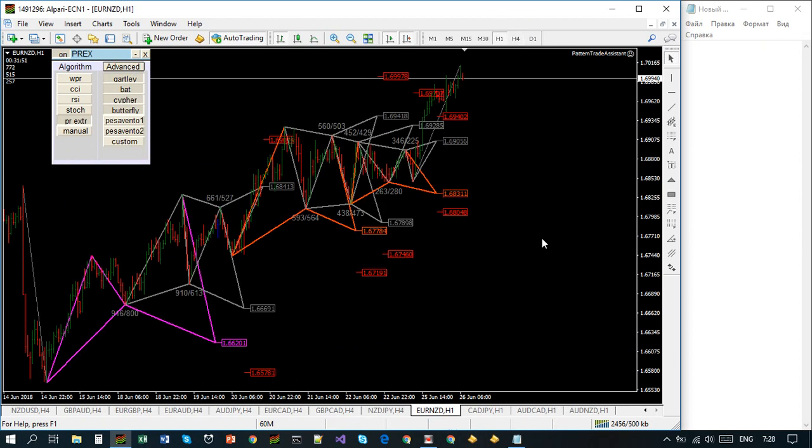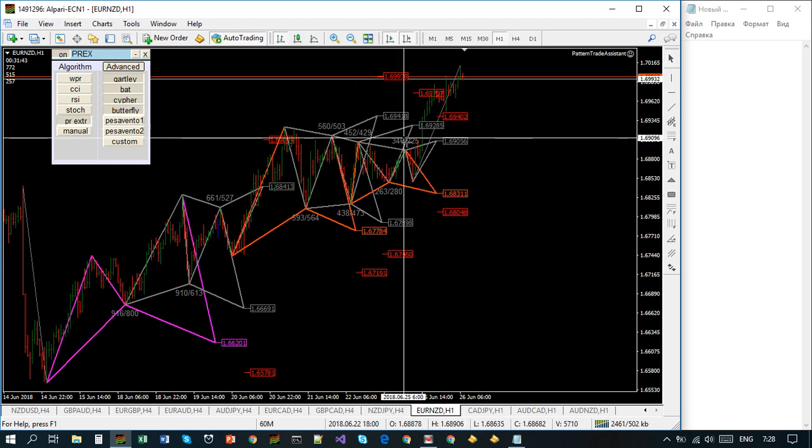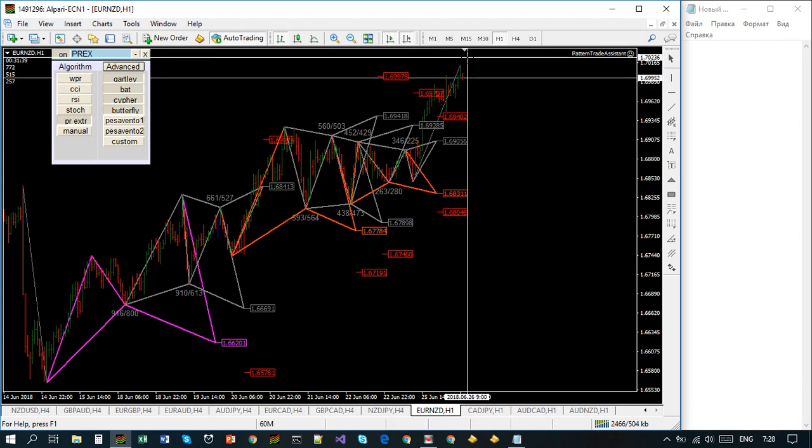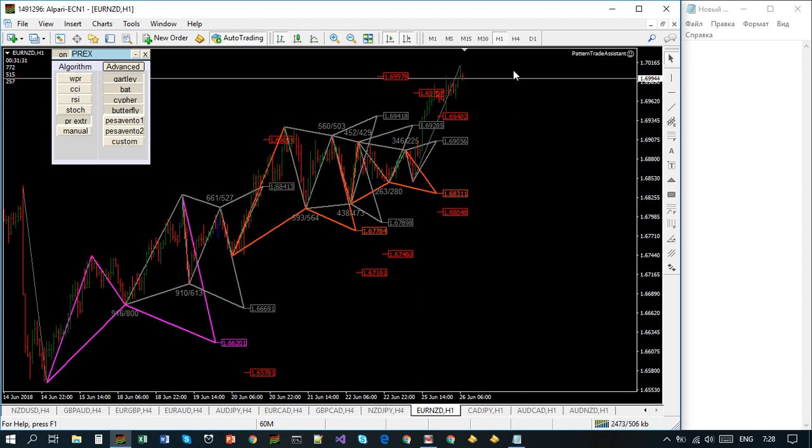Euro New Zealand, 1 hour, had this messy stuff, and then we continued higher. Okay, all these patterns 1, 2 and 3, all of them were broken to the upside. This is a signal for price to move higher, high and high and high.